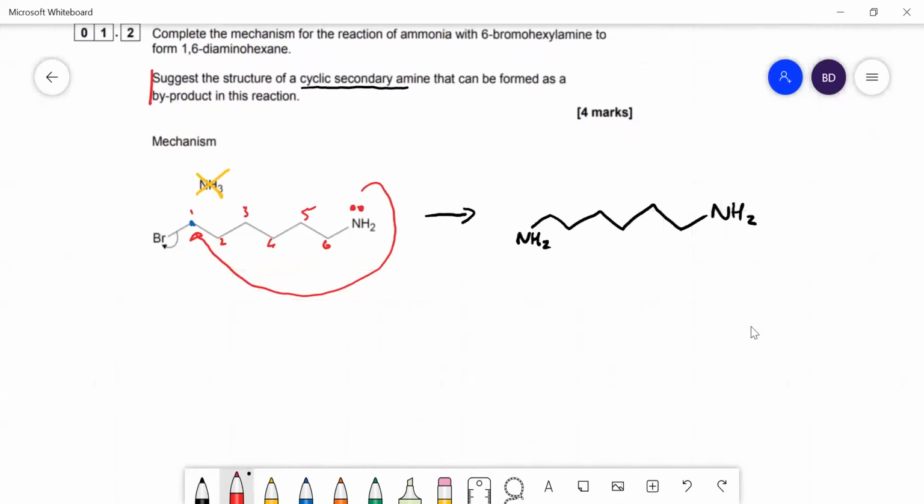So let's draw that. So I've got 6 carbons there, 1, 2, 3, 4, 5, and 6. The nitrogen is going to be there, joined on to number 6, and the nitrogen will have an H there. It's a secondary amine because the nitrogen is attached to 2 carbon atoms, number 1 and number 6. Okay.